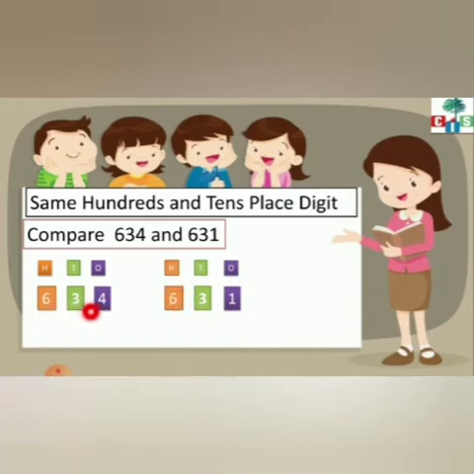So now I will look at the tens place. Here the number is 3, and here also it is 3. Now I will take a look at the ones. Here it is 4, and here it is 1. So 634 is greater than 631.